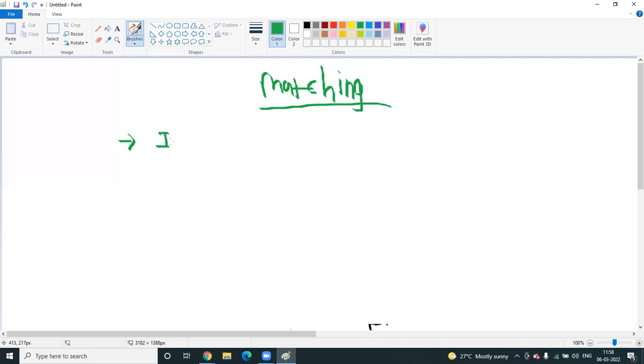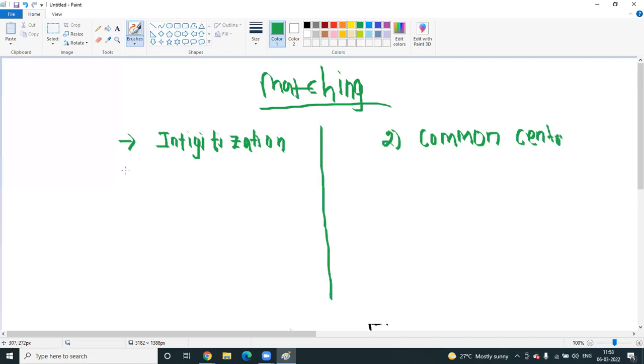The first point is interdigitization. The second matching is common centroid.